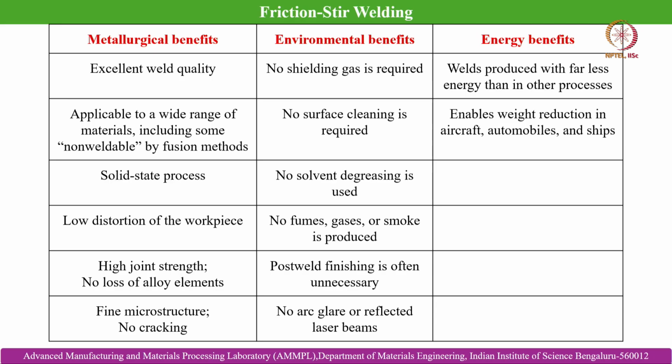It is mostly suitable for light metals, and we know the difficulty associated with casting as well as fusion welding of light metals such as aluminum and magnesium, because of their tendency towards gas absorption, which can cause significant defects in the weld joint and significantly decrease its mechanical properties.